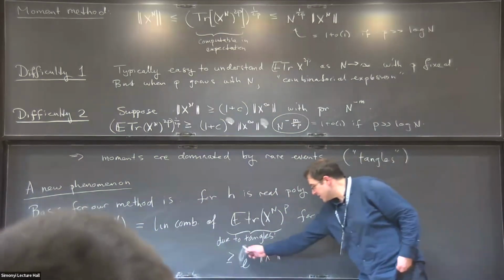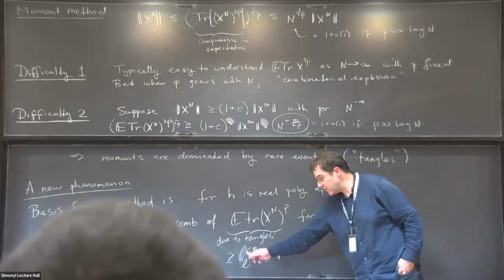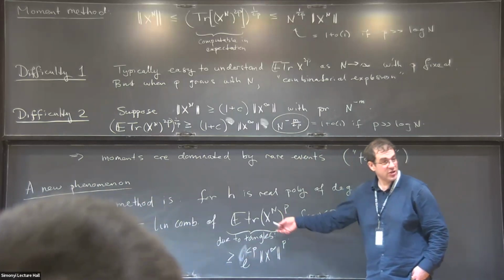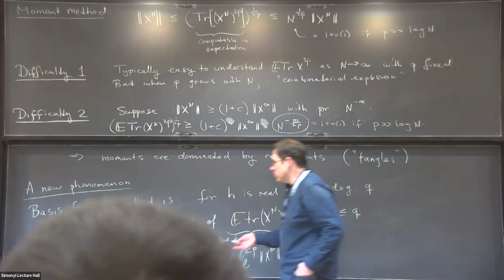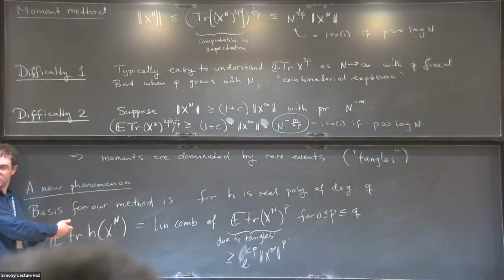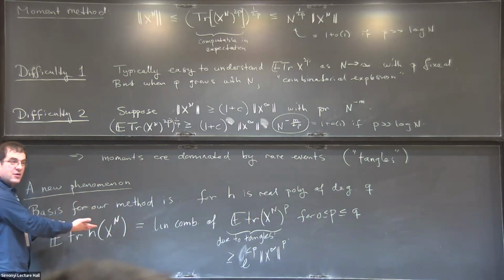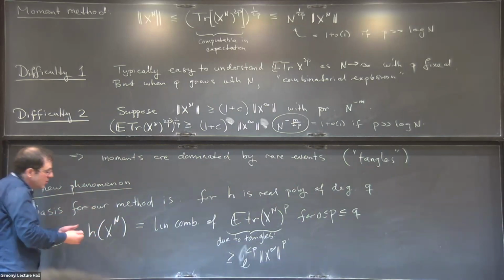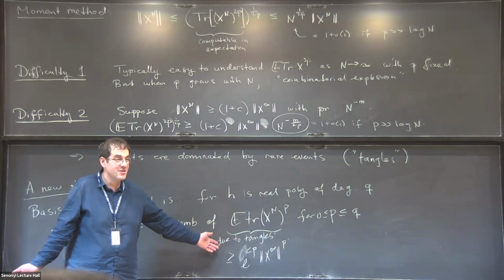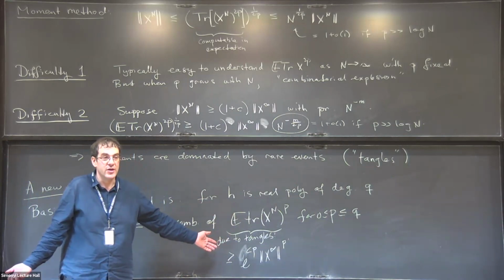So we know that there is a multiplicative factor that's exponential in the degree where these are bad. And now we just take linear combinations of these things, right? So we hope that the expected trace of h of X_n is close to the expectation of the trace of h of X_infinity. But it seems hopeless because it's just a linear combination of moments. And we know the moments are already an exponential factor away from the limiting object, right?